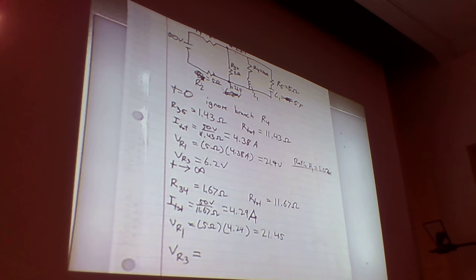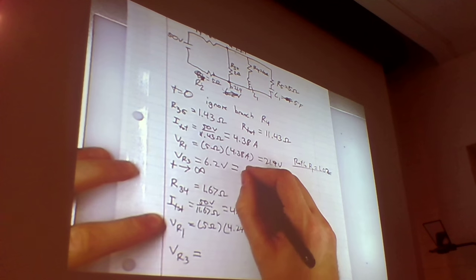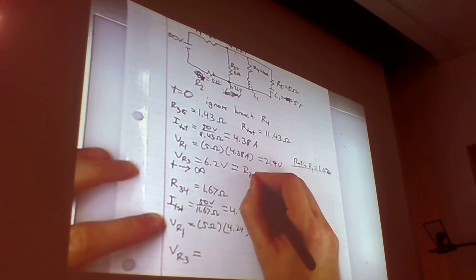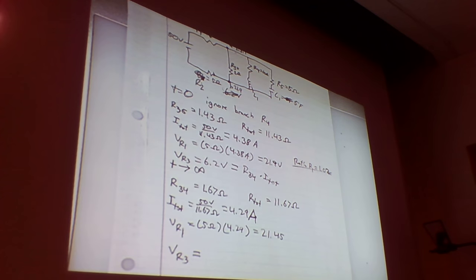Oh, that makes sense. It didn't work that way in class today because there was another parallel thing, the inductor, since he was asking for the inductor. So in this case you could also just do R34 times I total. So that's another way you can do it.